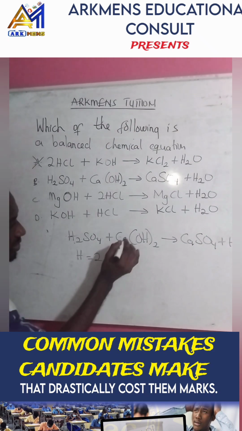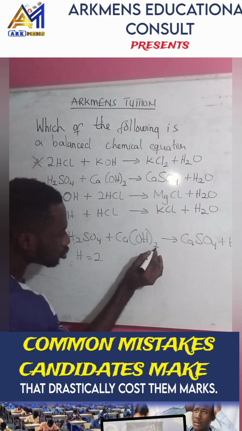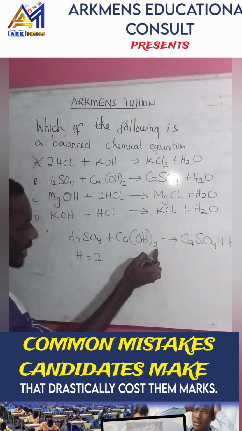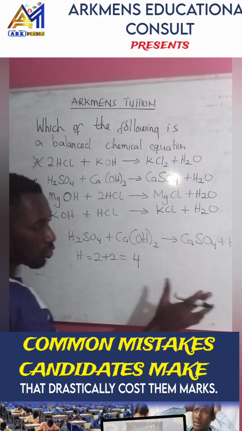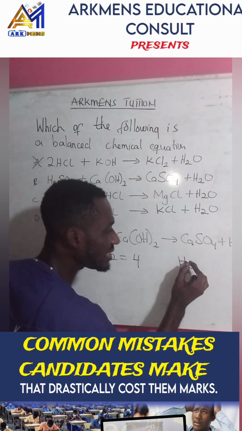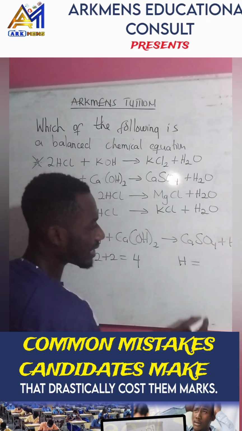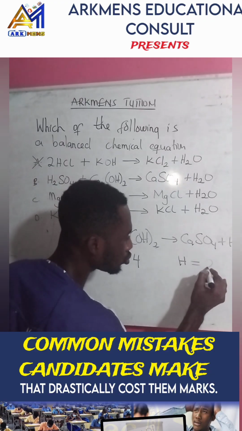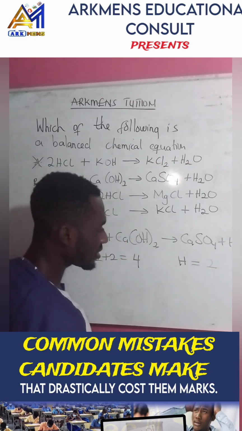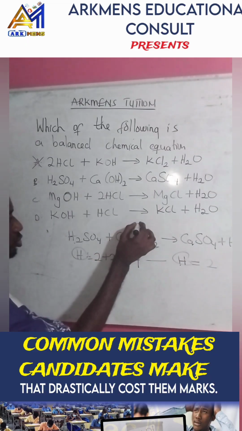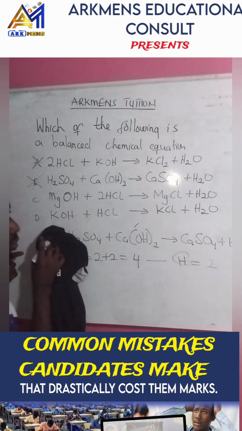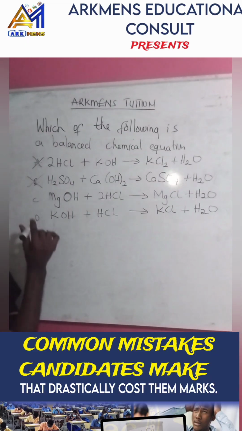Now this bracket means that the oxygen has 2 and the hydrogen also has 2, so another 2 hydrogen here, or we have 4. So I can decide not to continue. Let me come to the hydrogen on the right: it is 2, and apart from that, there's no hydrogen atom again. So the moment I realize that one of the atoms is not balanced, I will not continue. It means this one too is not balanced. Then I'll come to the next one.